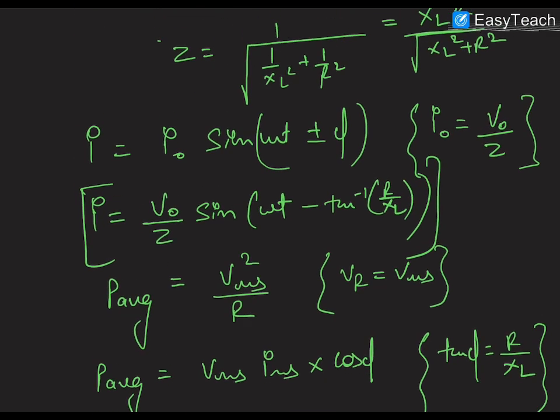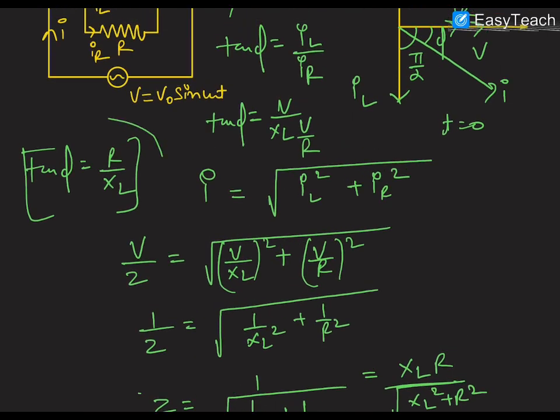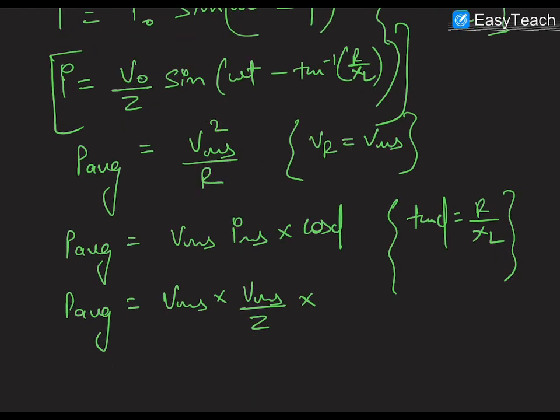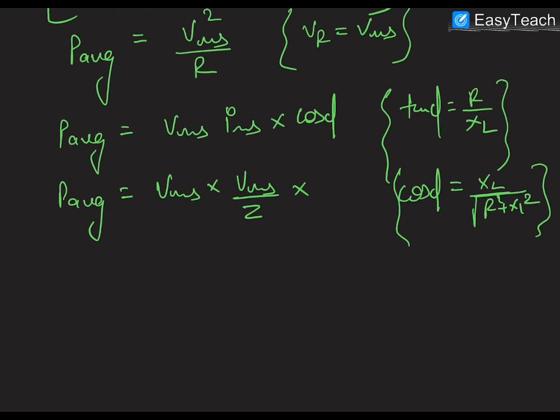So we can write cos phi as XL upon under root of R square plus XL square.